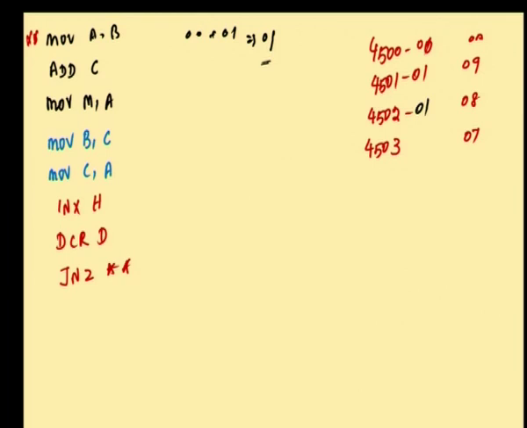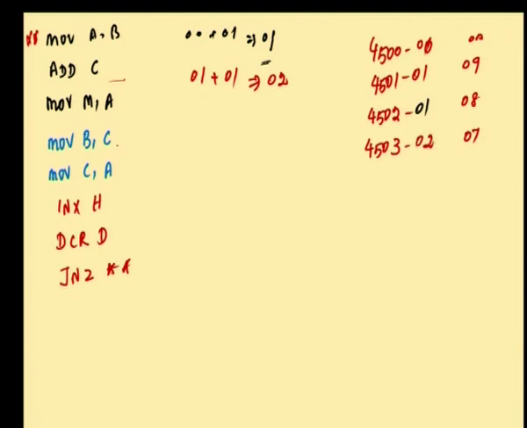Okay. So, what is the B value? B value is 01. So, the 01 is moved to the accumulator, then the C value is the previous resultant value, which is 01, in the C register. By adding these two you get the value 02. Now the 02 is moved to the memory.